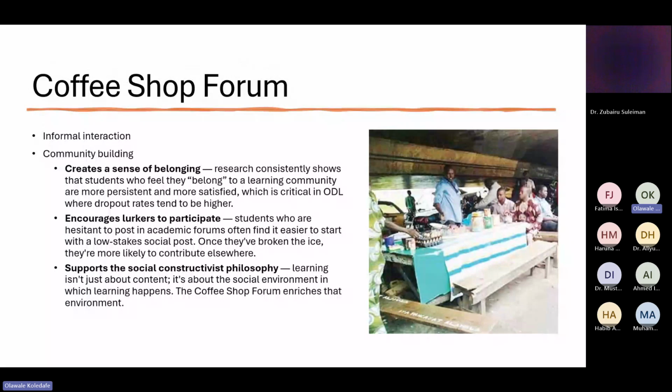Then the most fantastic one, the one I love so much, and let me also call it one of the most controversial types, is what we call the coffee shop forum. Please, we don't have much of coffee shops in Nigeria, but we have the Mai Shai joints.